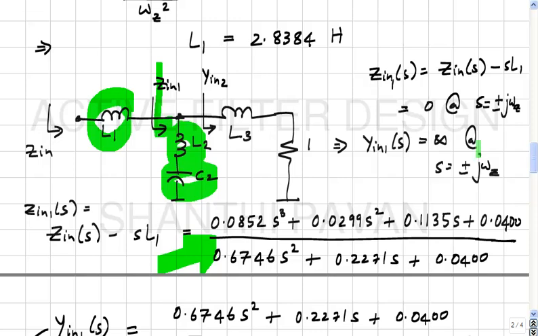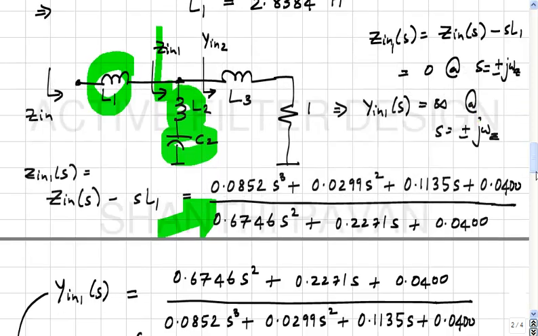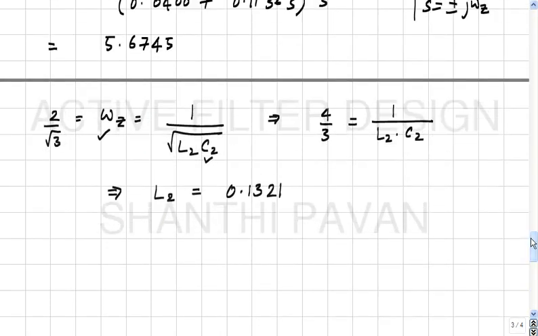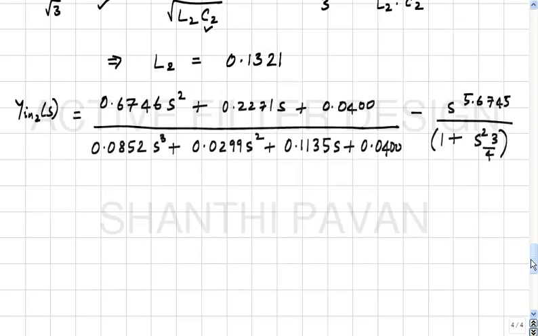Which therefore means that we know y in 1, we know L2 and C2, which means we can go and find y in 2. Okay. So, you can see it is indeed quite a job. So this is the expression for y in 2. So please go ahead and evaluate what this comes out to be.